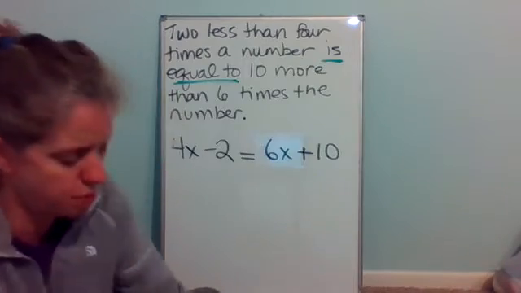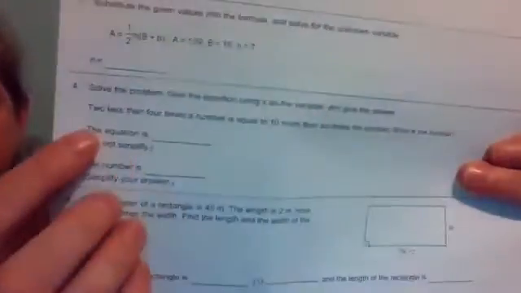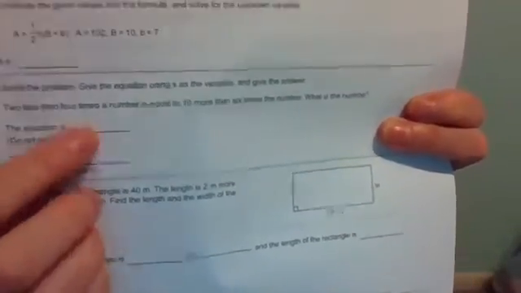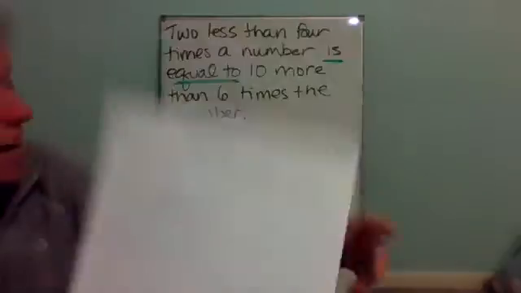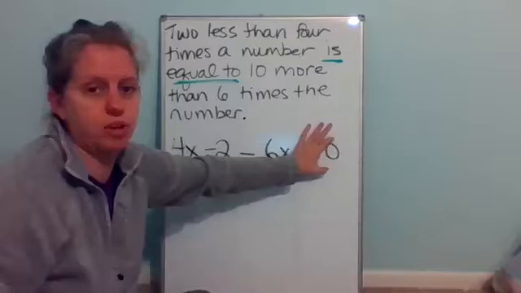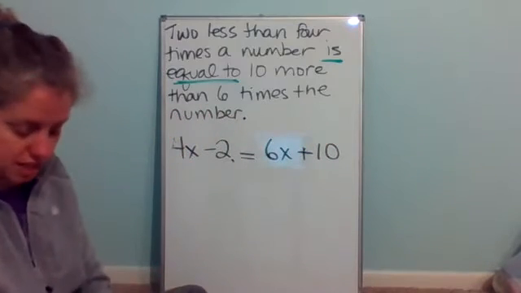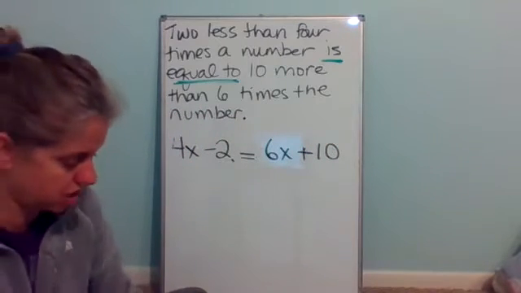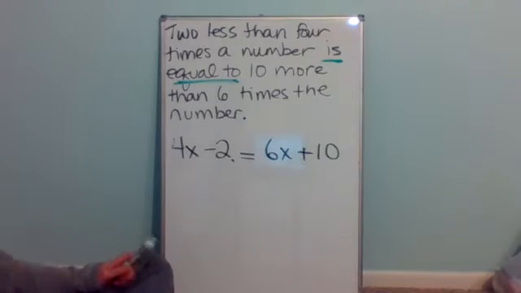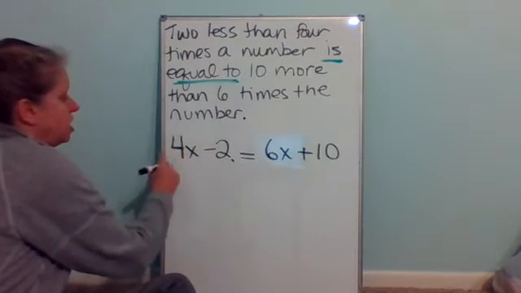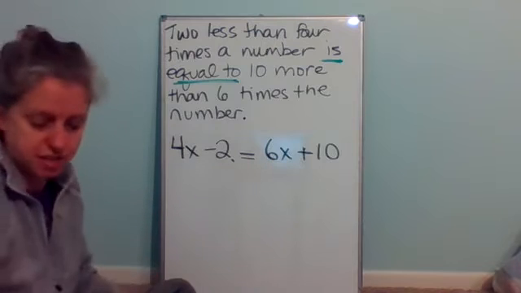So it's going to have a two-part question. The first thing is going to say the equation is, and that's when you write the equation that we just came up with. Then the second part says the number is blank, which just means now I'm going to solve this equation that we just made.